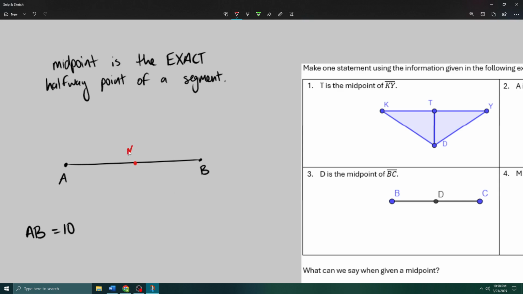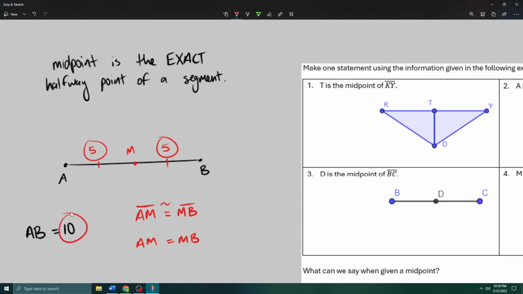So we'll call that midpoint M. Right, and what we know about AM now is that it is equal to MB, right? In fact, that is also true. The segments are congruent and the lengths are also congruent, right? Such that these are both going to be 5 and 5, because 5 plus 5 is 10. Okay?